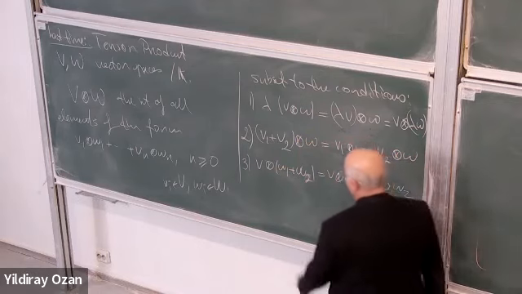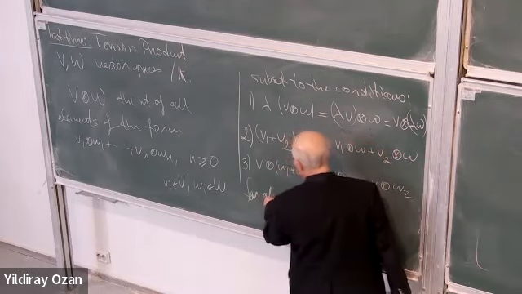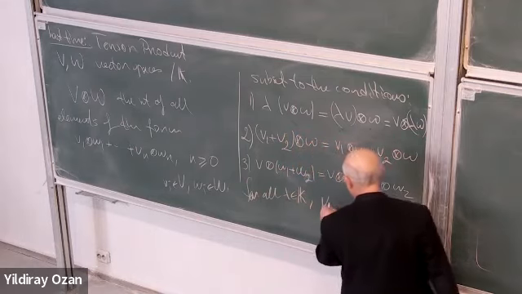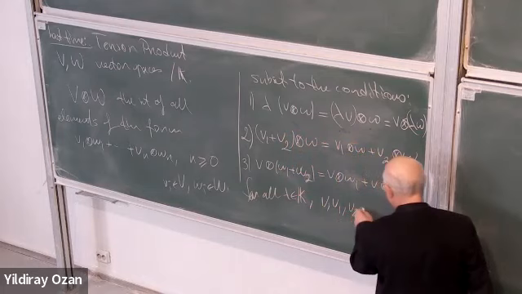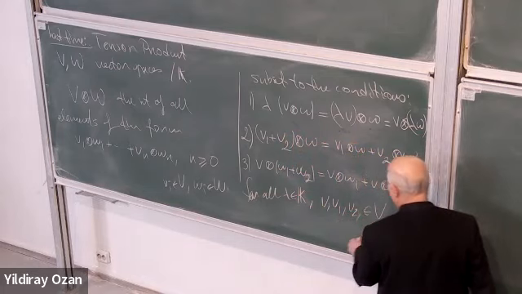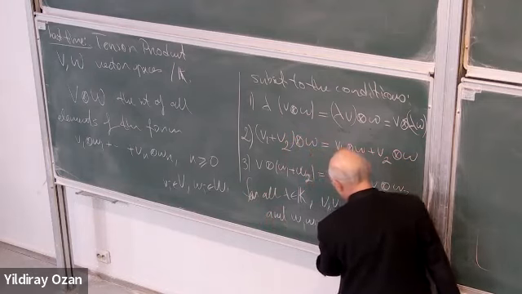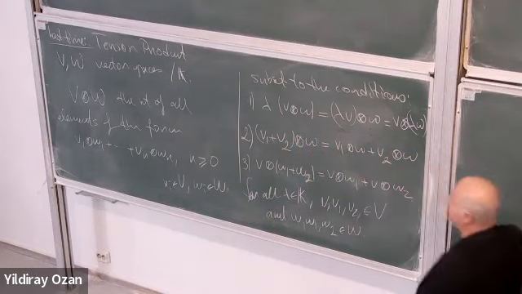So this is true for all lambda in K, v, v1, v2 in V, and w, w1, w2 in W. Okay?